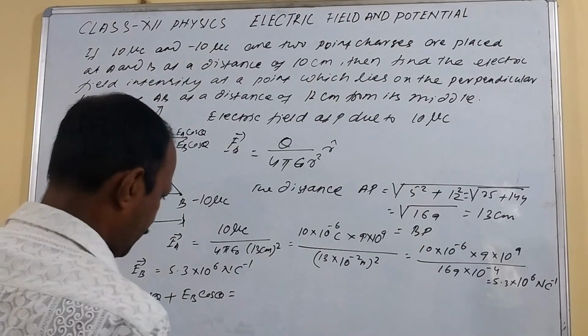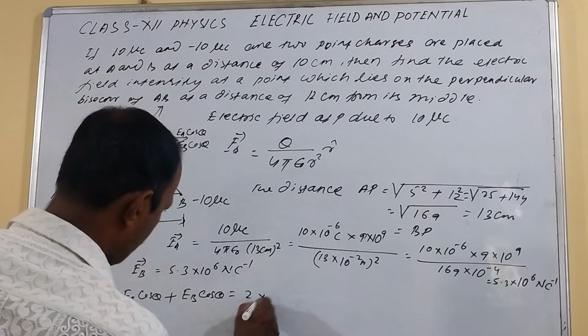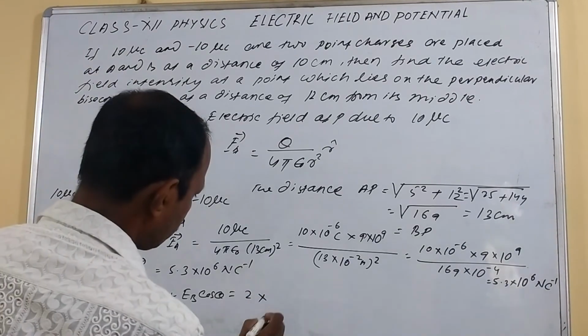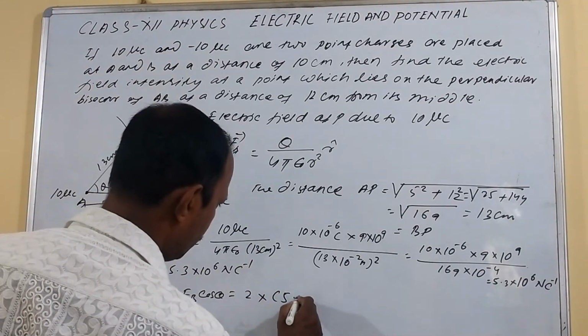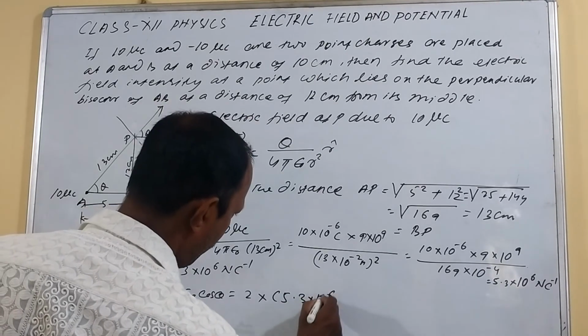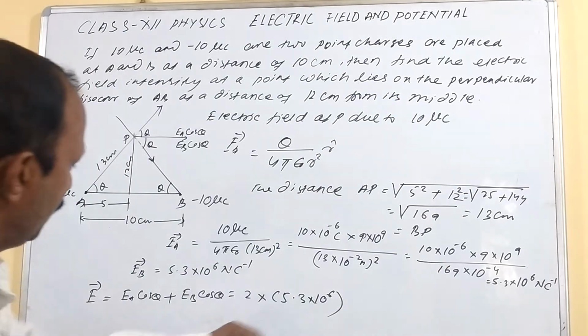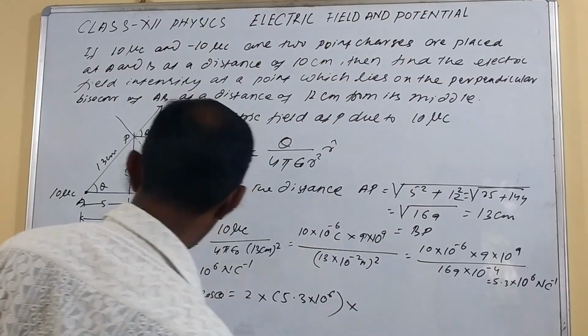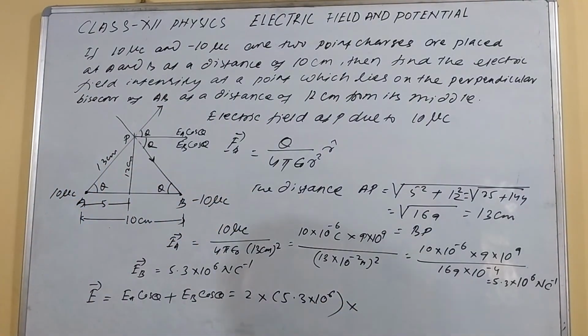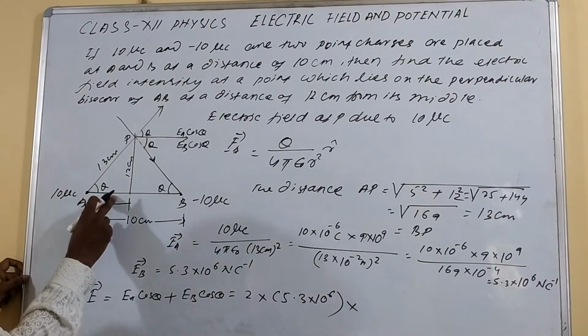So I can write this is 2 into 5.3 into 10 to the power 6 into cos theta, which is base by hypotenuse.